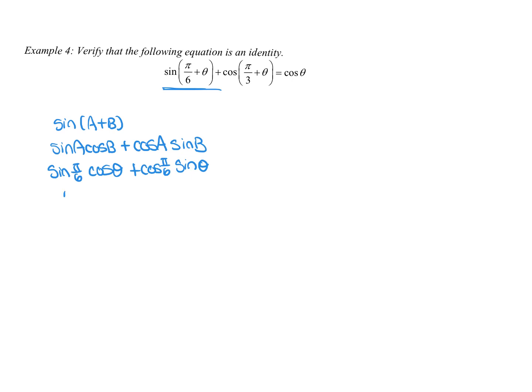Sine of pi over 6 is 1/2 cosine theta plus cosine of pi over 6 is root 3 over 2 sine theta. So that's just my blue piece.